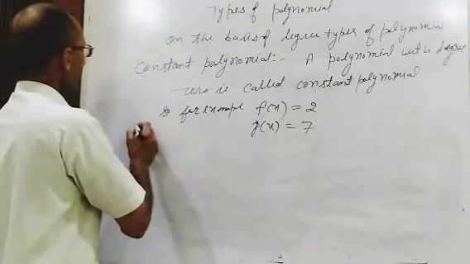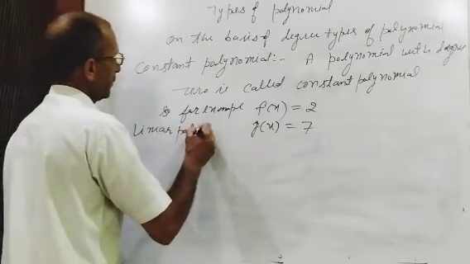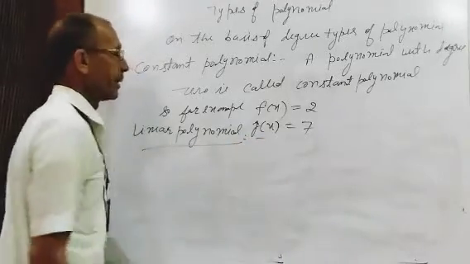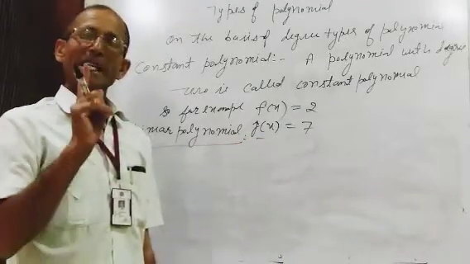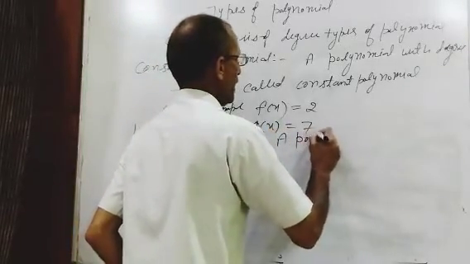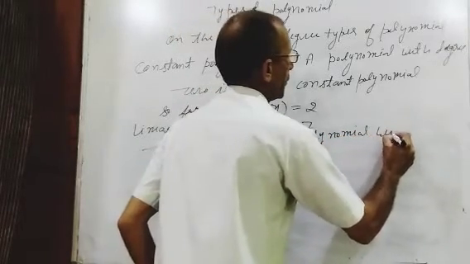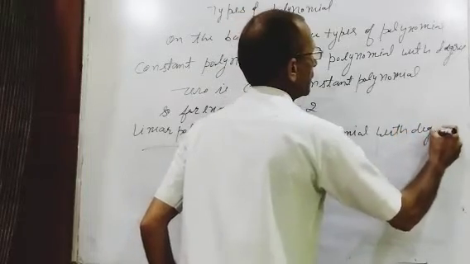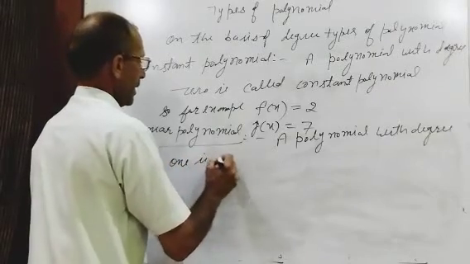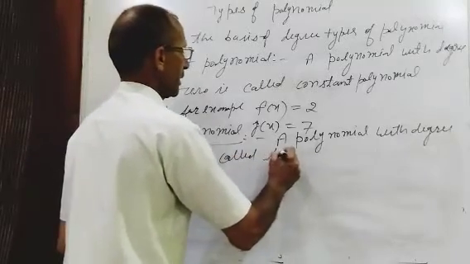Second is the linear polynomial. A polynomial with degree 1 is called a linear polynomial.